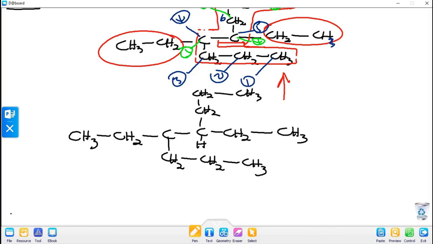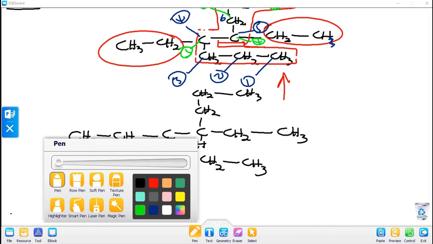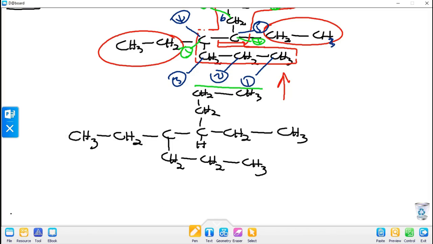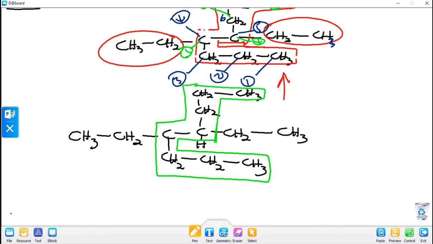We have just said that our parent chain goes like this. So that's the parent chain. So we have 1, 2, 3, 4, 5, 6, 7, 8. So that is the longest continuous chain.